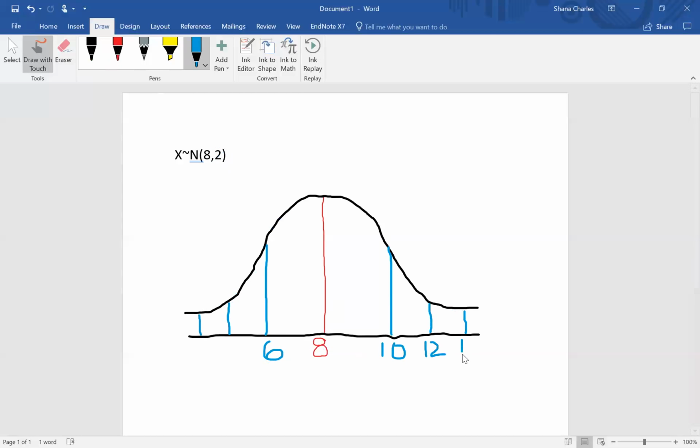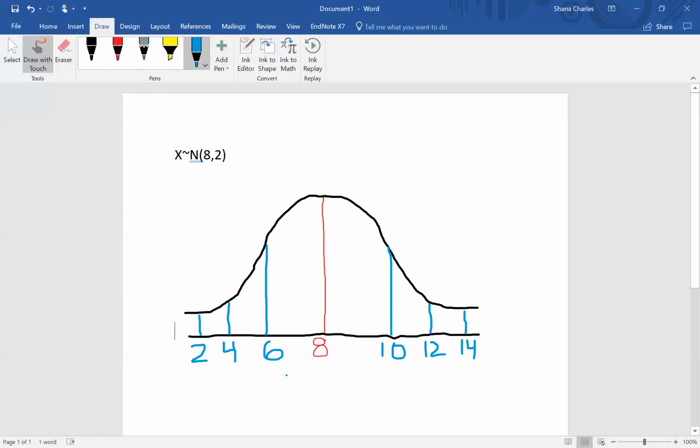And we add 1 more to get 14. And so we've identified on this particular variable what points in a normal distribution match with the numbers in this variable. So then 6 minus another standard deviation, that's 4. And then 4 minus a standard deviation is 2. So now we've drawn out this variable.